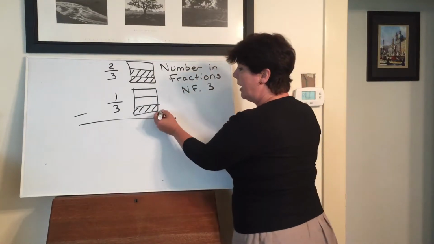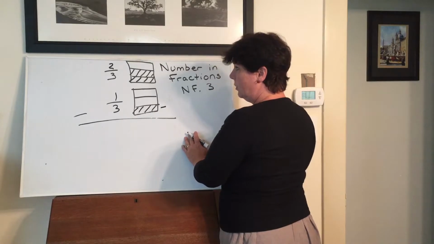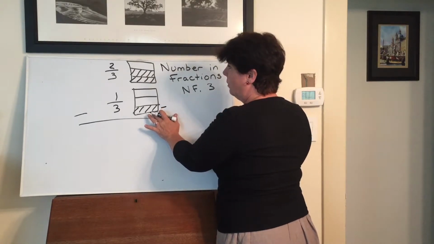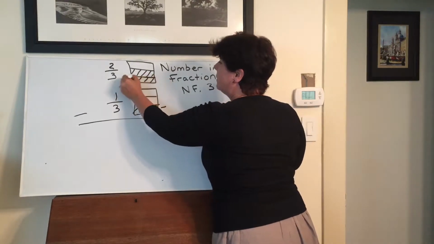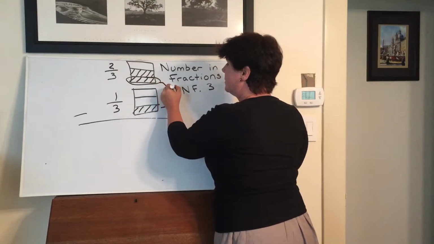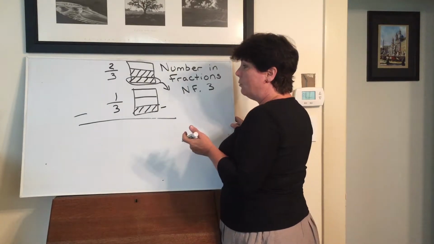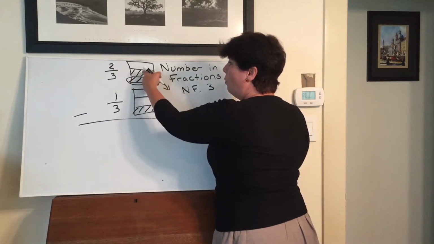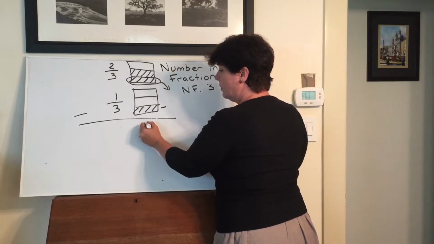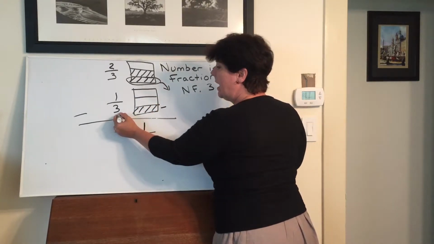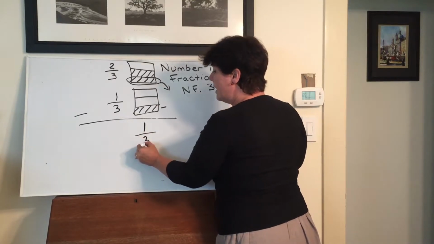So this is what I'm taking away. So obviously if I'm taking that much away, what would that look like? That would look like I was getting rid of this. And what would that leave me with? One piece. Out of how many would I have if I had a whole one? That would be 3.